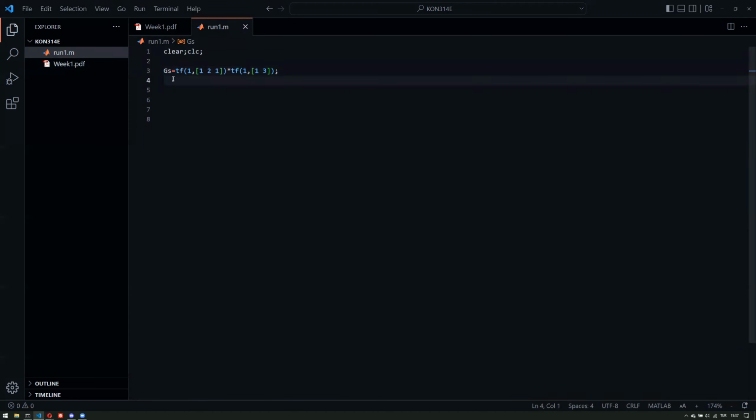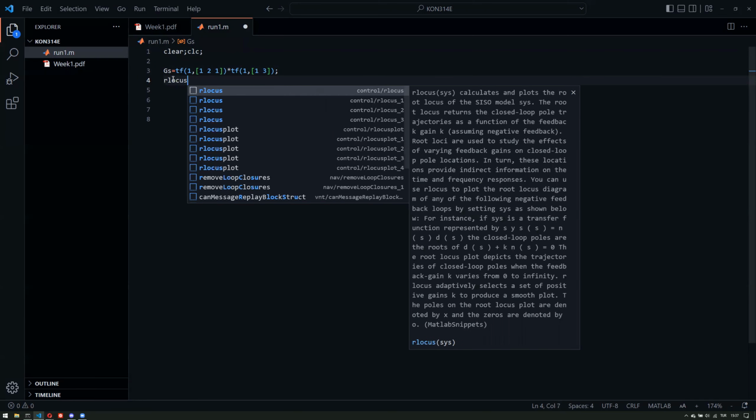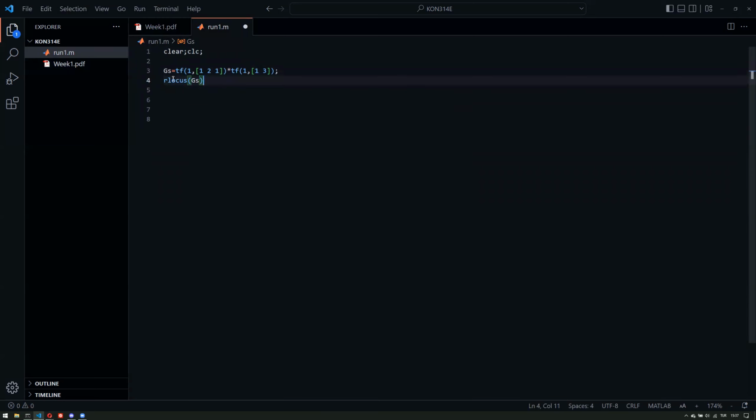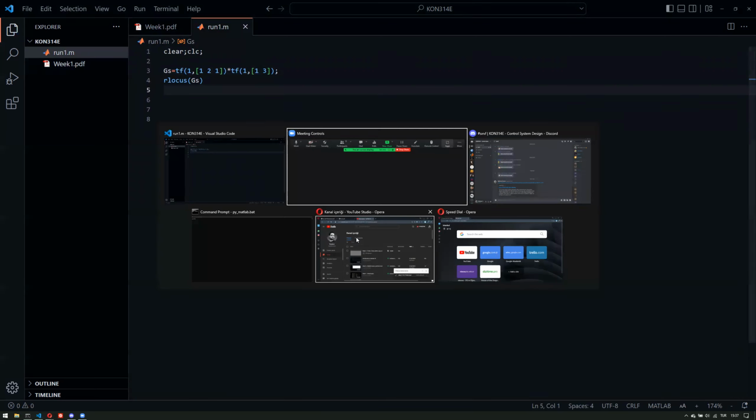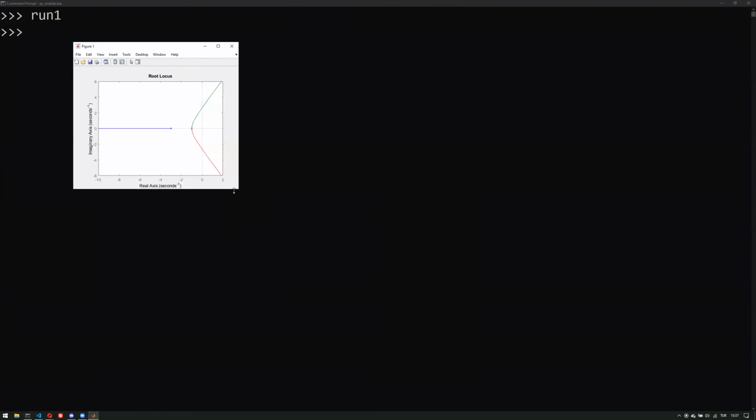So there we go. Now, if you might know, we use the command rlocus, and we're basically there. So let's call run 1 here. And this plot here appears.